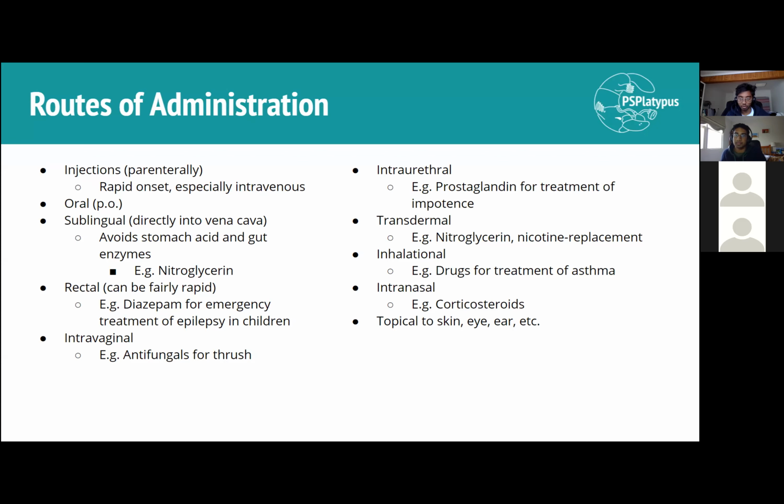Intraurethral, inside the urethra, and that's prostaglandin. Transdermal, so that's on top of the skin. So we have like nicotine patches, I believe. Inhalation, so that is drugs that are inhaled, for example, for treatment of asthma. Intranasal, that is drugs into the nose, and that's like corticosteroids. There's topical stuff as well, so on the skin, on the eye, on the ear, etc.